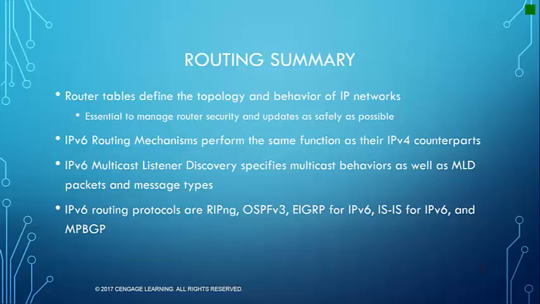When we look at IPv6 MLD, it specifies the multicast behavior as well as the MLD packets and message types. MLD is the original protocol designed for IPv6, and then there's the MLD version 2 update, which is for IGMP version 3.